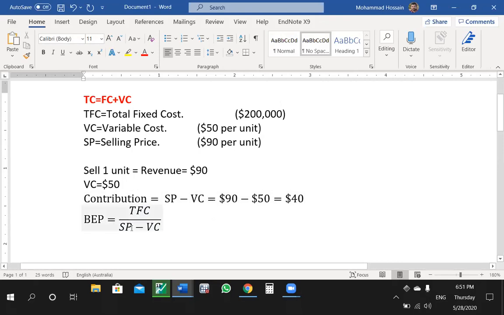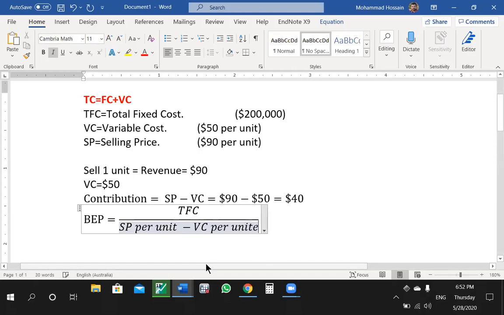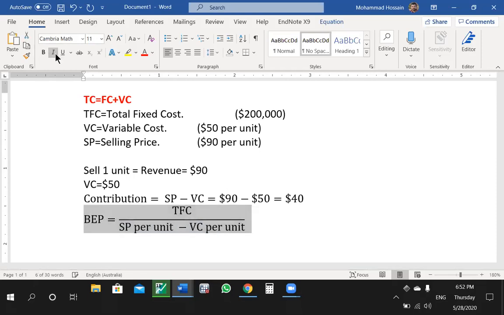Total fixed cost, but here, this is selling price per unit and variable cost per unit. All right. So you have to understand these things: selling price per unit and variable cost per unit.